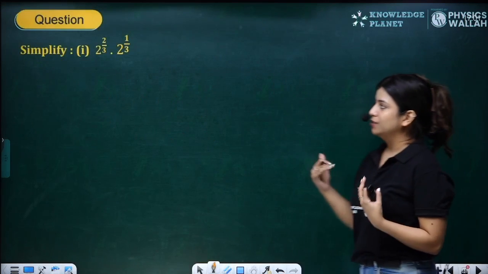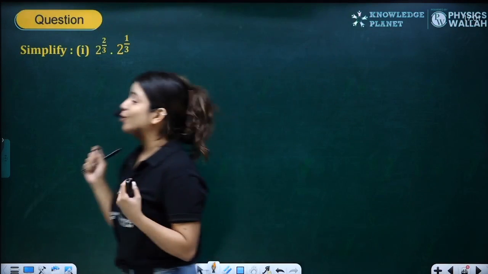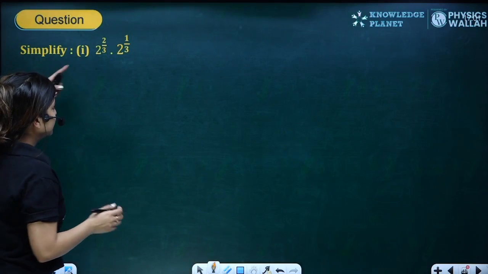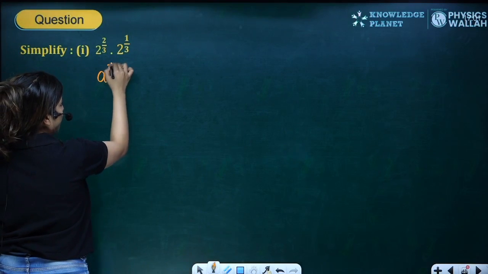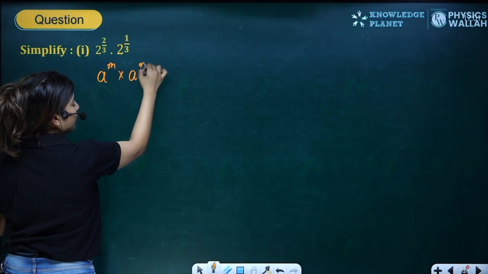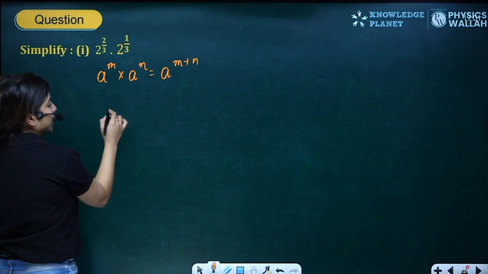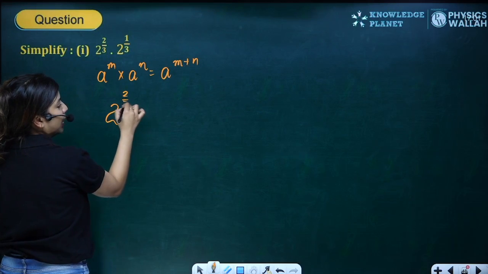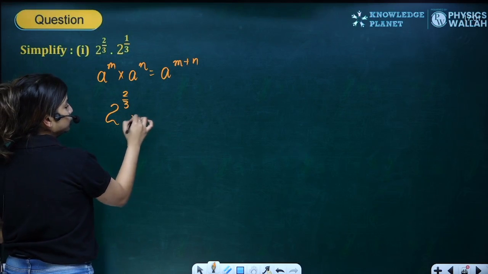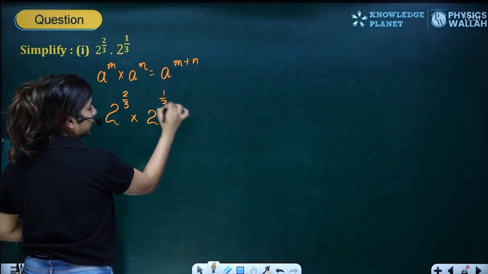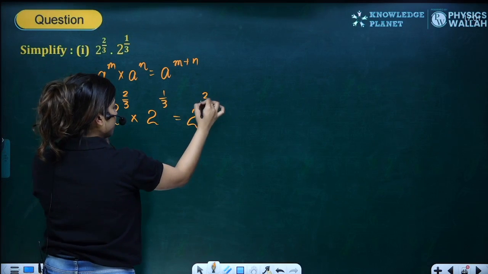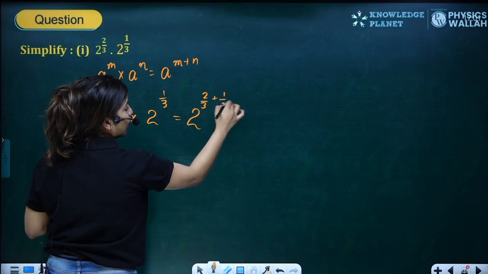Let's solve some questions. 2 to the power 2 by 3 into 2 to the power 1 by 3. So we can see a relation that a to the power m into a to the power n is equal to a to the power m plus n. This will give us 2 to the power 2 by 3, students, into 2 to the power 1 by 3 will be equal to 2 to the power 2 by 3 plus 1 by 3.